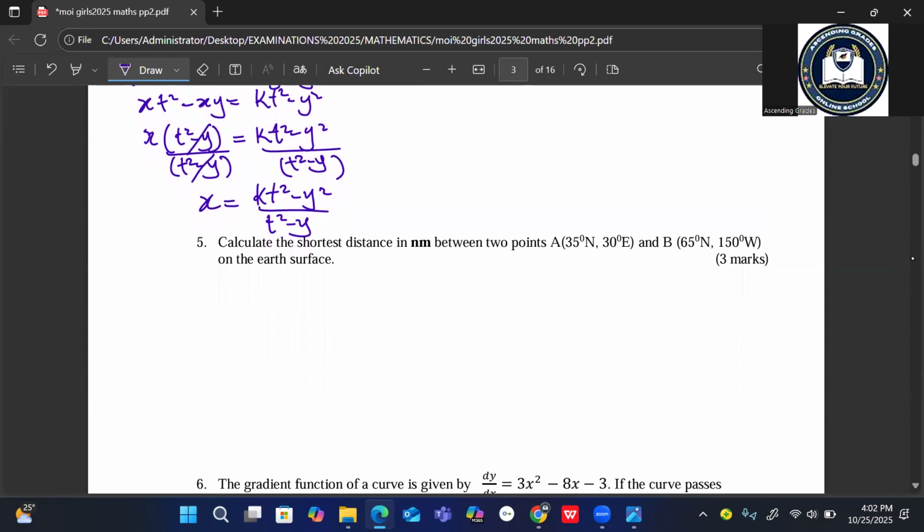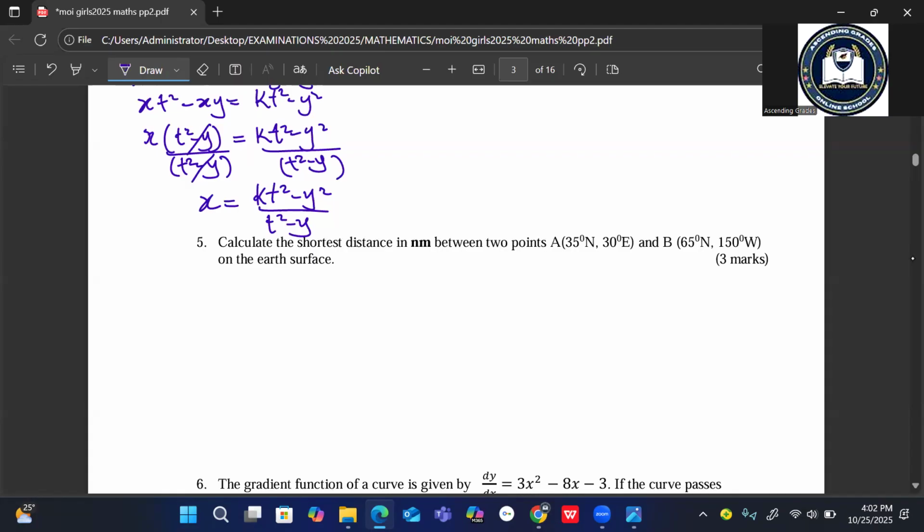Now, calculate the shortest distance in nautical miles between 2 points. A is 35 degrees north, 30 degrees east, and B is 65 degrees north and 150 degrees west on the Earth's surface.